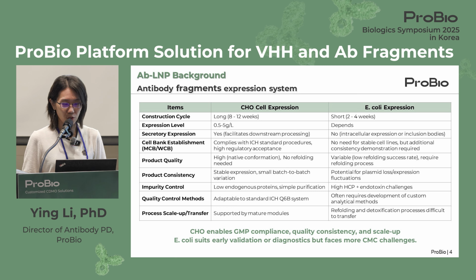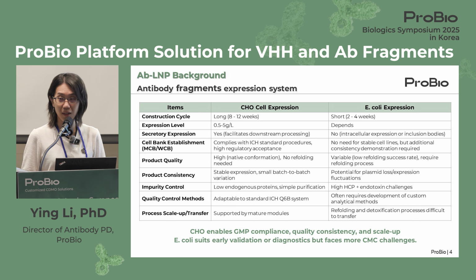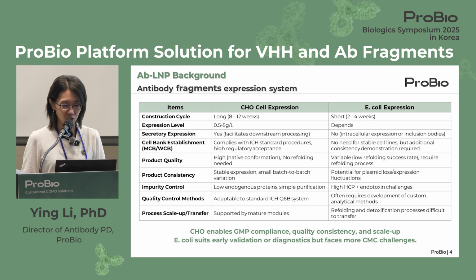And in terms of product quality, for the CHO-expressed antibody fragments, there's no refolding needed, and it could facilitate certain post-translational modifications as well. However, E. coli typically requires a refolding process, along with higher levels of HCP and endotoxin contamination issues.